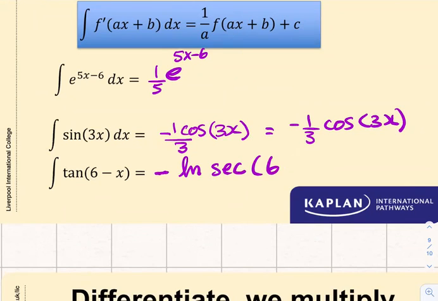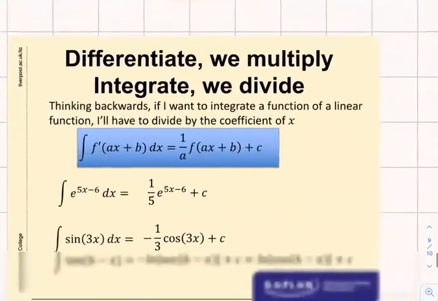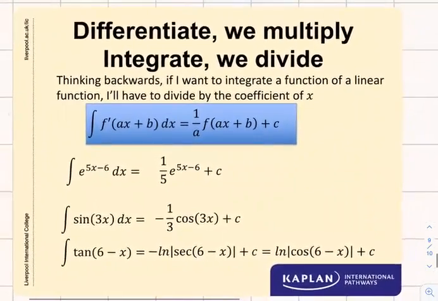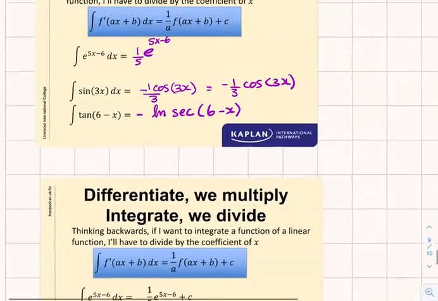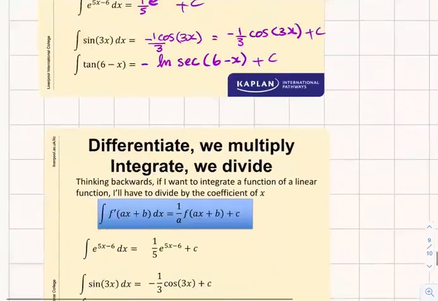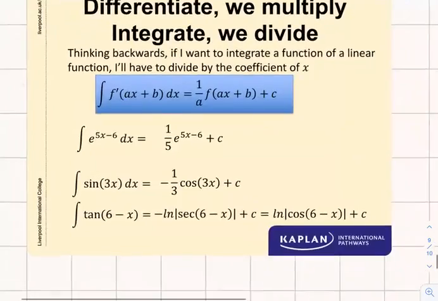Rewrite this again: it's ln secant 6 minus x times minus 1. So that's minus ln secant 6 minus x, right? And again, plus c. Did I put the c there? Plus c. All of them need c because it's integration here. Right. Happy about this?